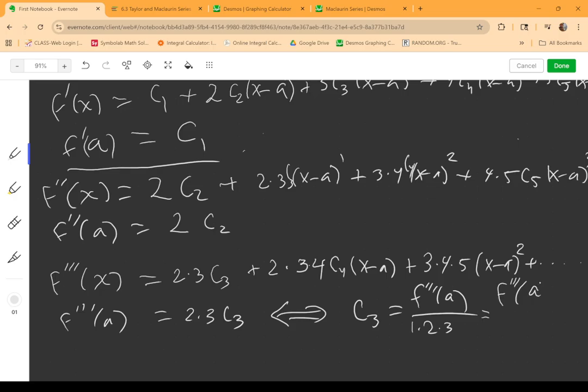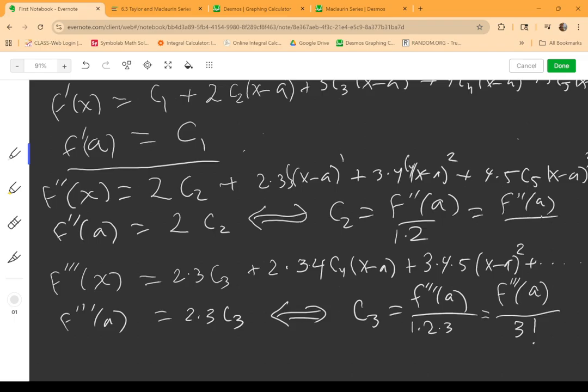1 times 2 times 3, that's 3 factorial. And if I kept going, multiplying by 1, we get 1 times 2 times 3 times 4, and keep taking the derivative, I would come across that same pattern. Even here, we get c2 is f double prime of a over 2, but you can just multiply in that 1, so it's f double prime of a over 2 factorial.